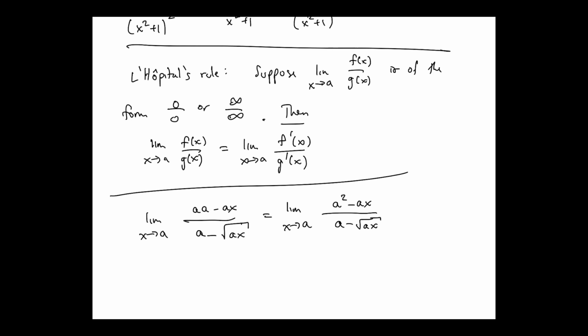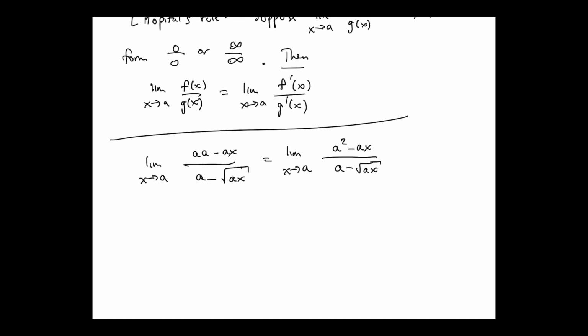Okay, if I plug a into the top and the bottom here, what do I get if I plug a into the top? I get a squared minus a squared, which is clearly zero, right? And then on the bottom, I would get a minus the square root of a squared, which is also zero, right?